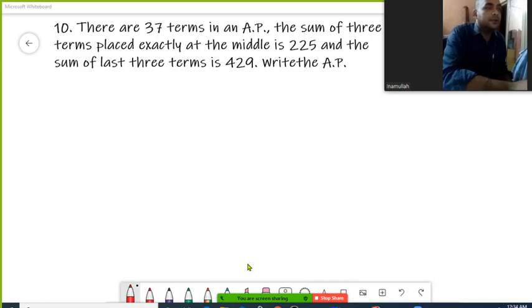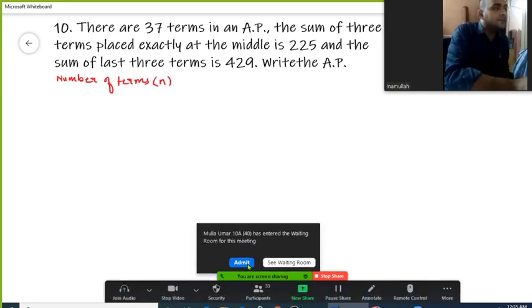If there are 37 terms, what is the middle term? The number of terms here, that is n, is 37.